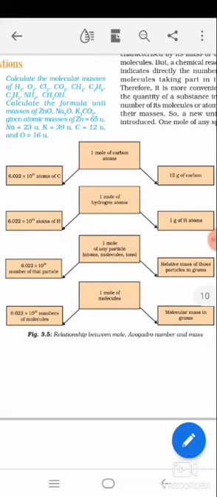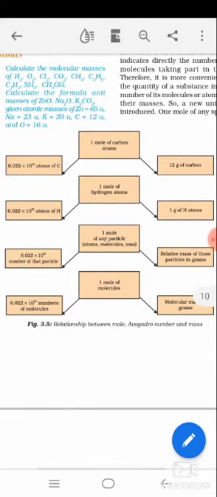For 1 mole of a substance, the number is fixed, but the weight will be relative to the particle. The weight varies according to the particle's nature or the substance we take, but the number is fixed.